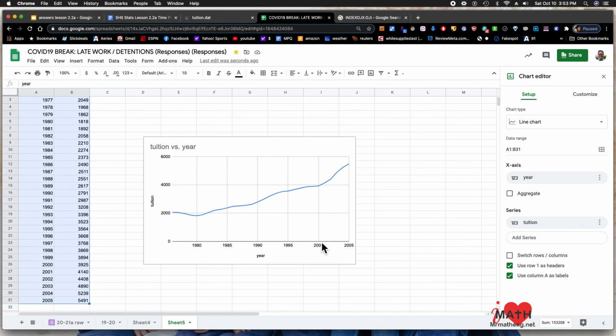Something crazy. I was in college in the year 2000, 2001, and yes, I do remember, tuition did cost around $4,000 a year, or $2,000 a semester. So you can copy that if you want to, and paste that into your Google document or wherever.